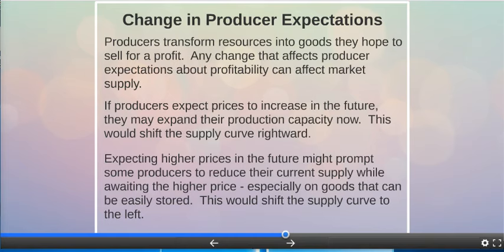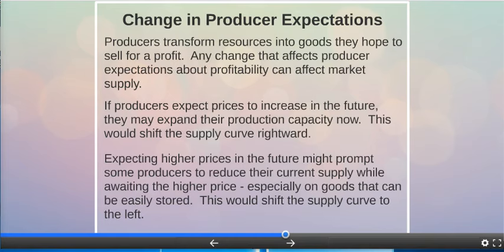This would shift the supply of pizza rightward. So if they expect pizza prices to increase in the future, they're going to expand production now, so in the future they can make more pizzas, and that alone shifts the supply curve to the right.